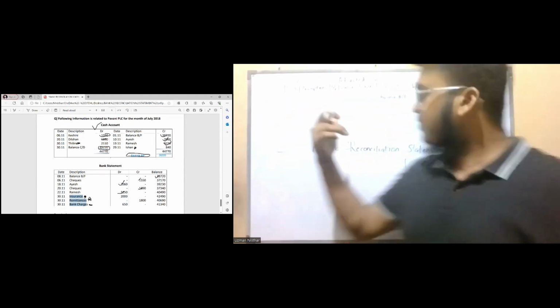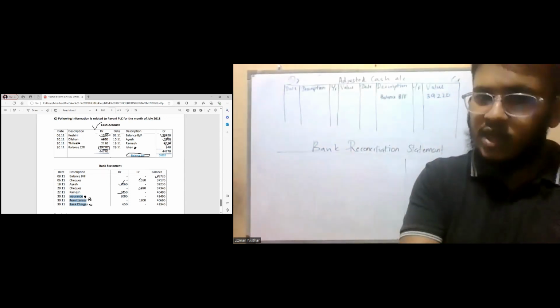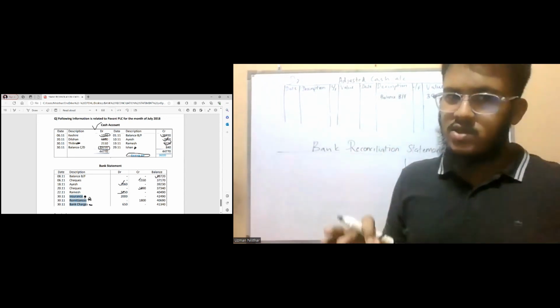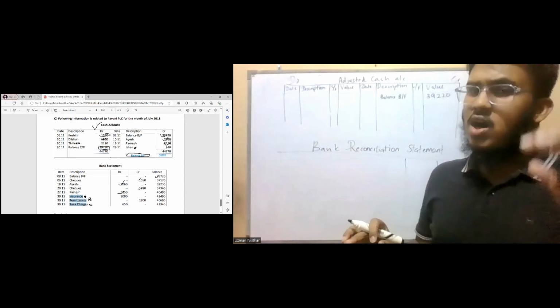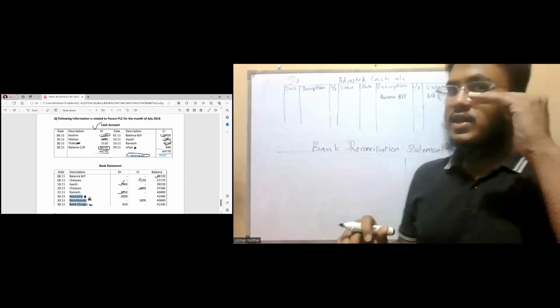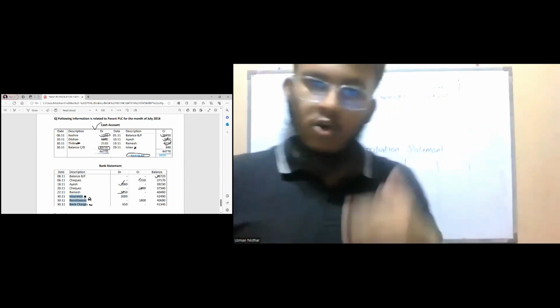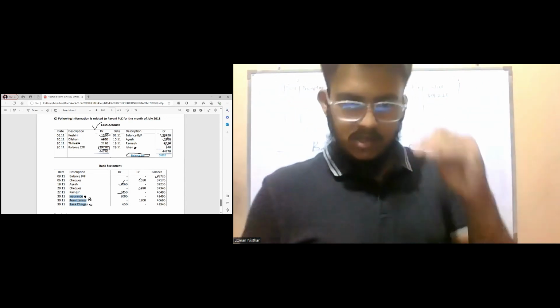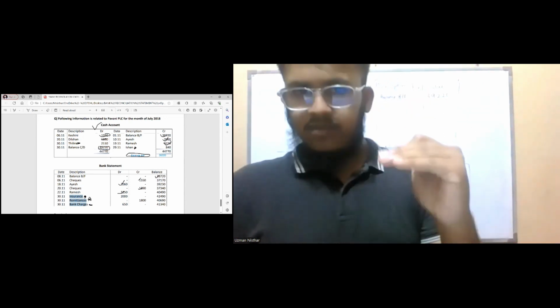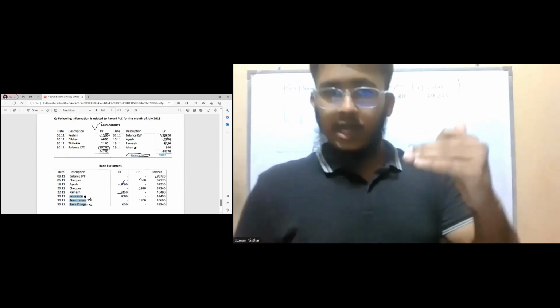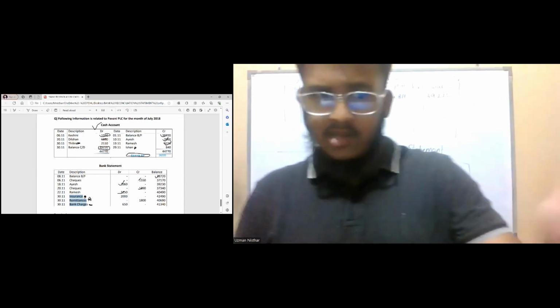So in the adjusted cash account, we record these three transactions only, not any other transactions. We record the transactions which haven't been recorded earlier in the cash account. For example, do we record Dilshan again?